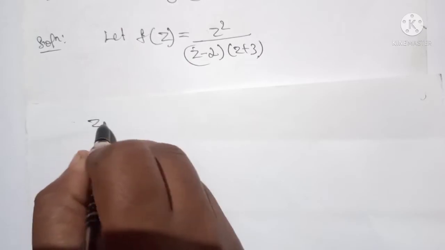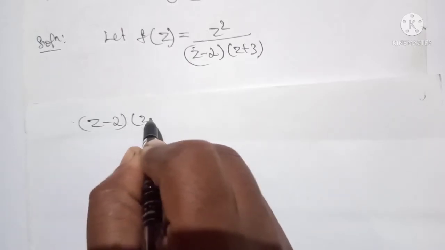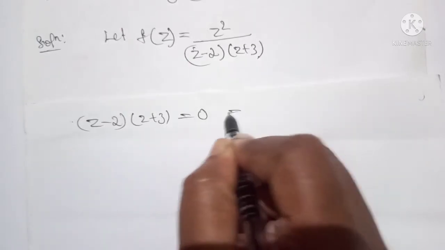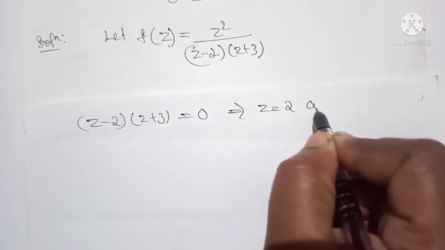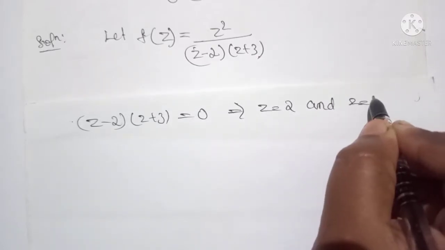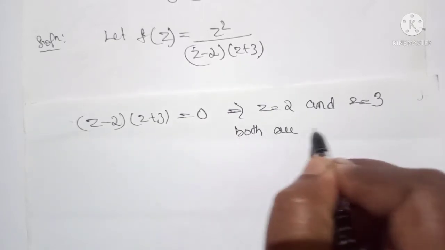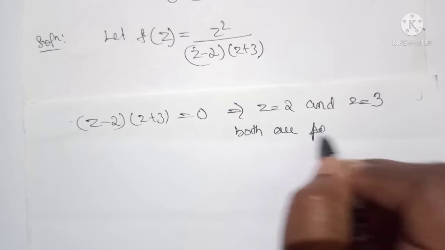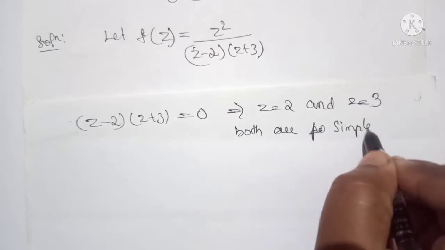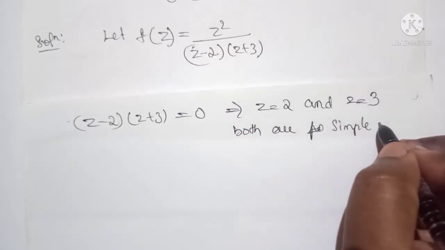Consider the denominator (z minus 2)(z plus 3) equals 0, which implies z equals 2 and z equals minus 3, both are simple poles, because their order is 1.